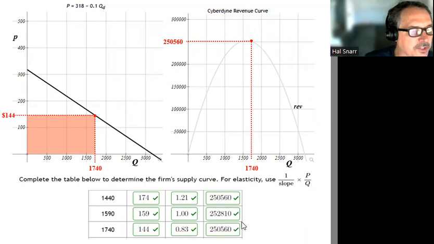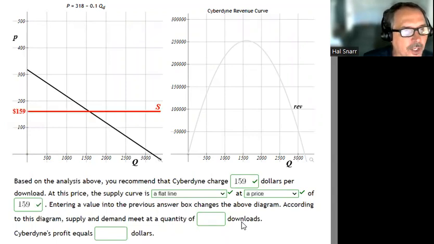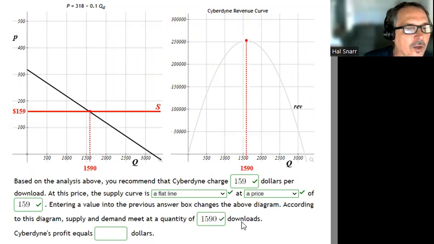That begs the question, what is the optimal price? Based on the analysis above, you recommend that Cyberdyne charge $159. That's the price where revenues are maximized. And at this price, the supply curve is this red flat line at the price of $159.